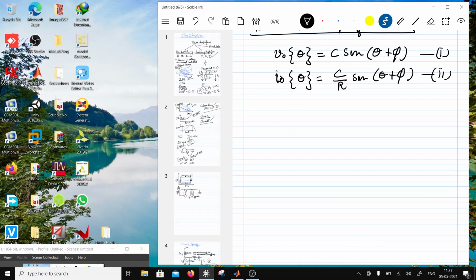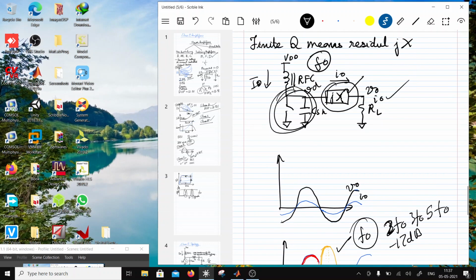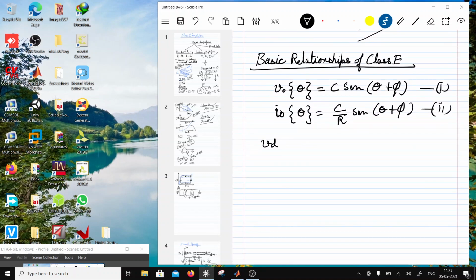Then you have got Jx. So Vd, when you reach the drain, Vd is over here. So this Vd is equal to voltage across Jx plus the output voltage. So let me just write it down. Vd is going to be equal to C sine of theta plus phi plus Jx C by R sine of theta plus phi. So this is going to be that.